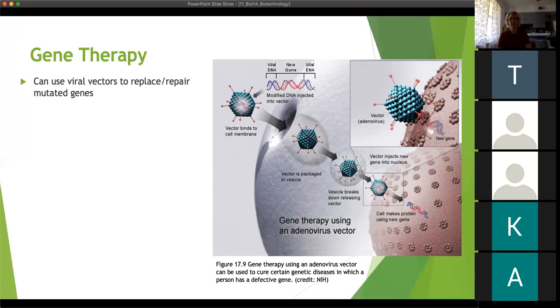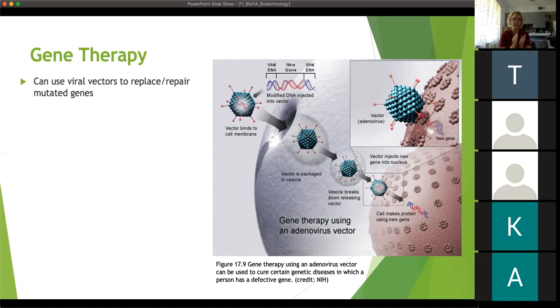And then you would have a fully functional copy of the gene. So conditions like sickle cell anemia that are caused by a single gene mutation, or cystic fibrosis, which is caused by a single gene mutation. What if we could repair it or replace the defective or mutated copy with a fully functional copy? So that's what gene therapy would be, replacing or repairing a defective copy of a gene.